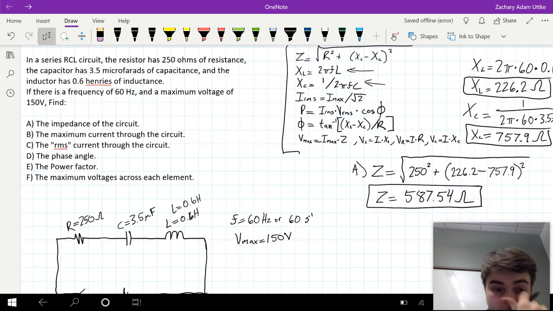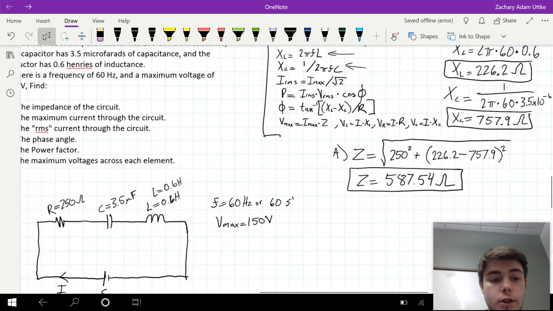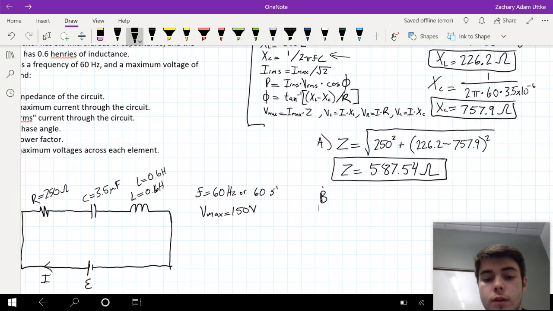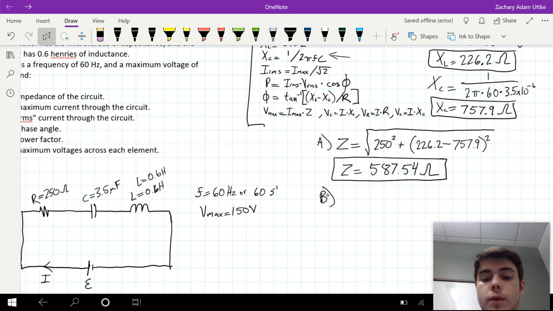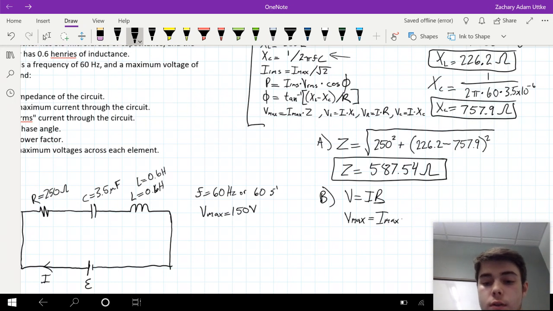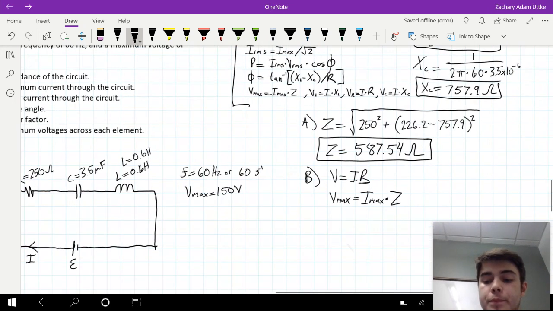Now B, find the maximum current through the circuit. To find that, we can relate this to Ohm's law, V equals IR, but we're not dealing with just R. We have to accommodate our equation to this, right?